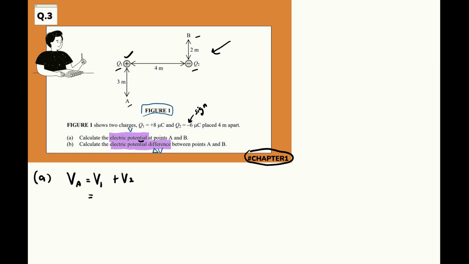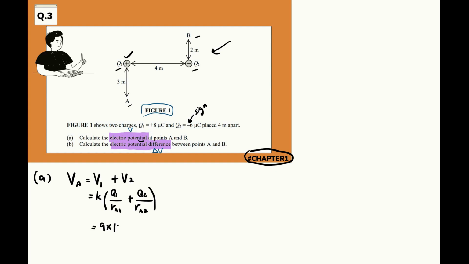For point A, we have V1 plus V2. We may factorize our constant K, which is equal to Q1 over R from point A to charge number 1 plus Q2 over the distance from point A to charge number 2. We substitute the values.